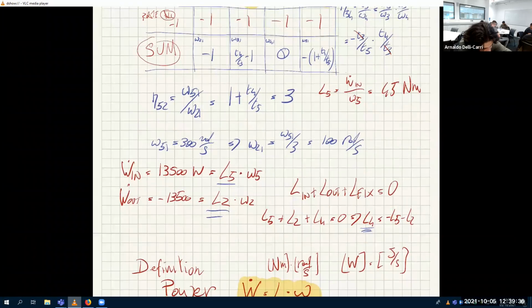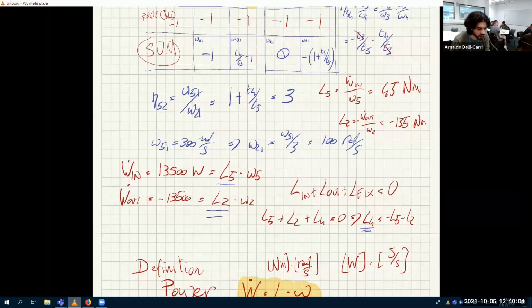And L2 is power out divided by omega 2. Power out is negative, so let's put a negative sign here. How much is this? 135. So minus 135. It must be, because omega 2 is positive, so the torque must be negative.